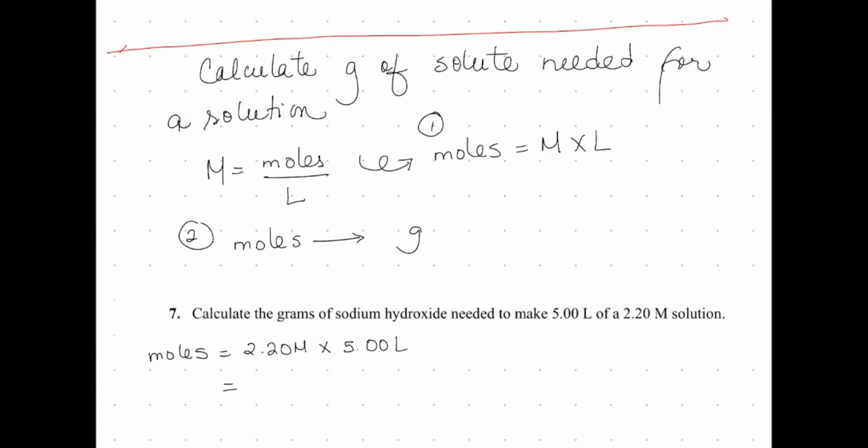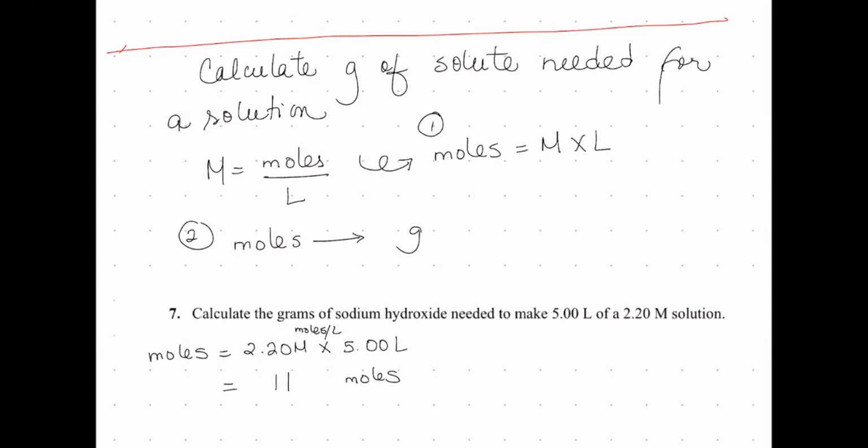Because remember that molarity is the same thing as saying moles per liter, then my unit is going to be moles, okay? So don't be confused in terms of the unit. When you multiply molarity times the liters, moles is your result. So we're going to do 5.00 times 2.20. And when you do that, the calculator display shows you the value of 11.